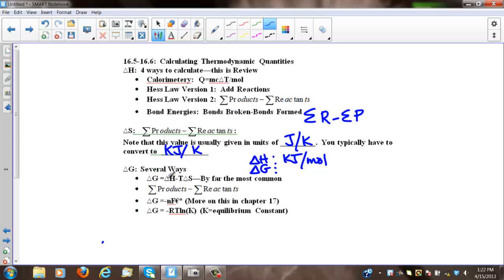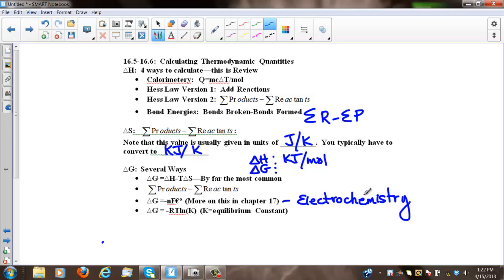The most common is the one that we just talked about, delta G equals delta H minus T delta S. We can also calculate delta G by doing sum of the products minus the sum of the reactants and using the appendix in the back of the book for the different values. And this next one, delta G equals negative nFE. This is in the electrochemistry unit, which we haven't done yet. That's the next unit.